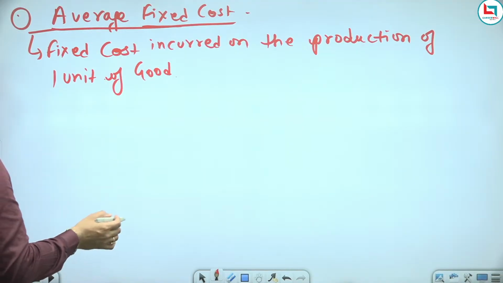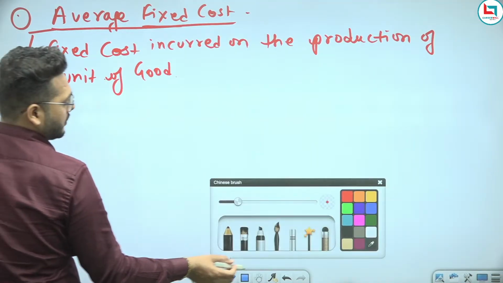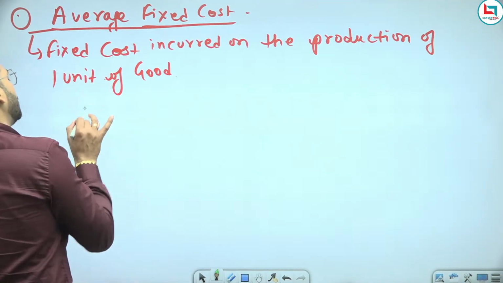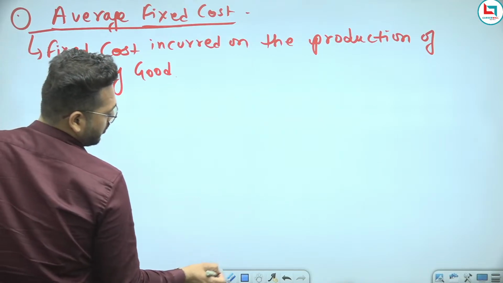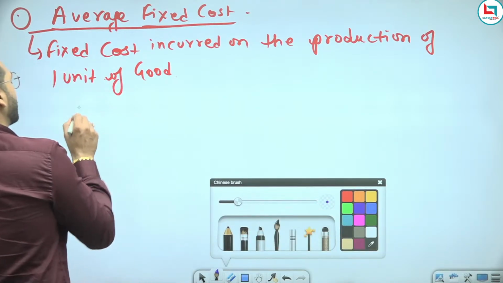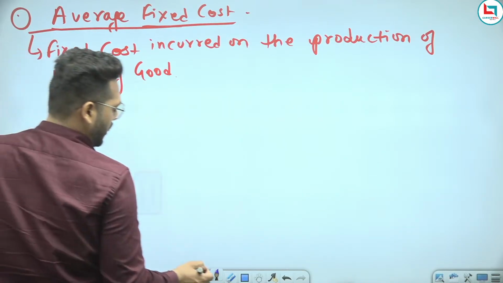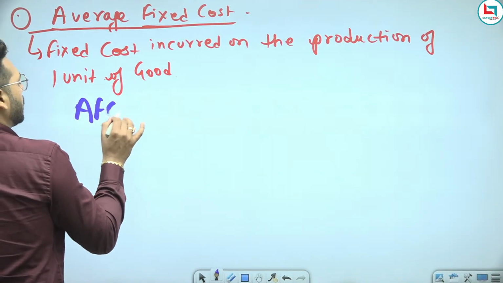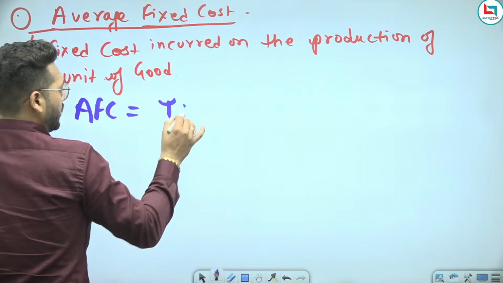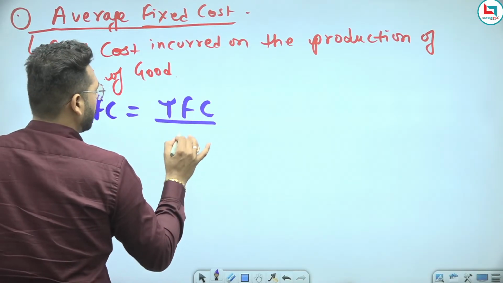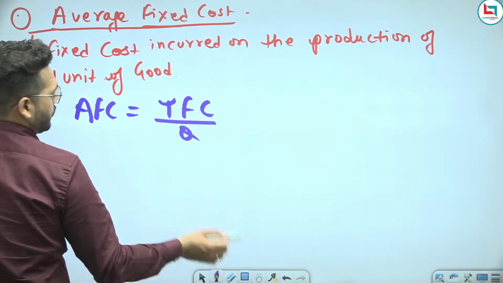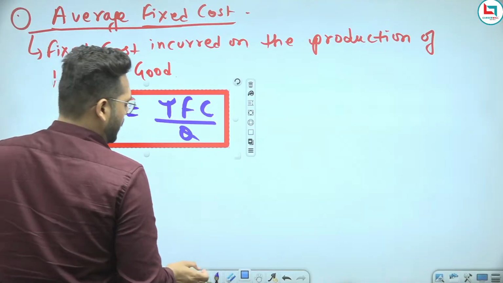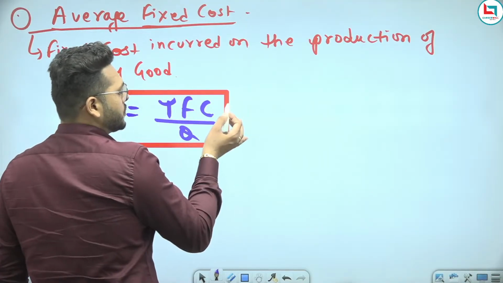How can you find out the average fixed cost? You can write the formula of this average fixed cost: AFC is equal to TFC upon Q. What do you mean to say? TFC means total fixed cost. Q means what?